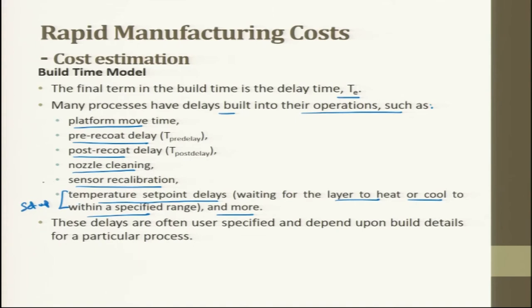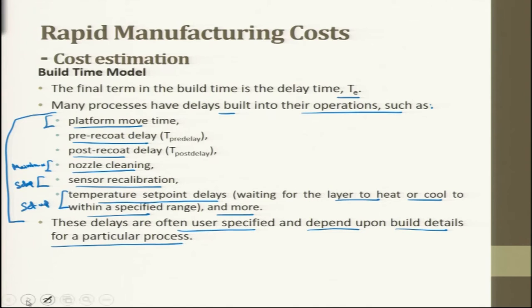This is again setup. This is maintenance. So, all this is non-productive time, but it cannot be ignored and it is there, and we need to minimize this. These delays are often user specified and depend upon the build details for a particular process.